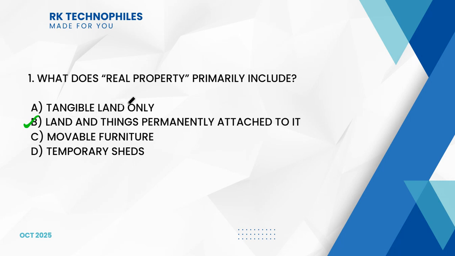Tangible land only, there can be a building, so it is also real property. So the correct answer would be land and things permanently attached to it. It can be a building, any fixtures, pipelines, anything.